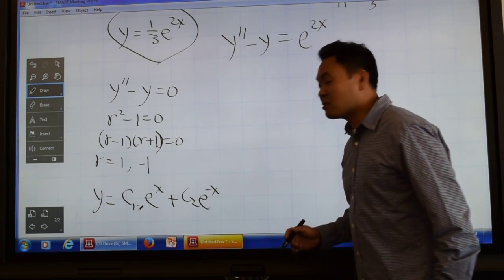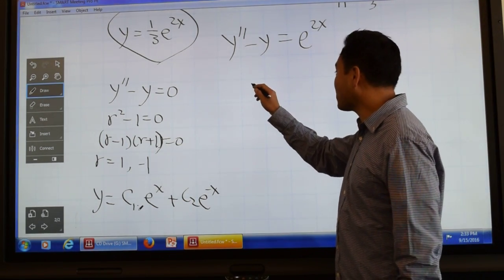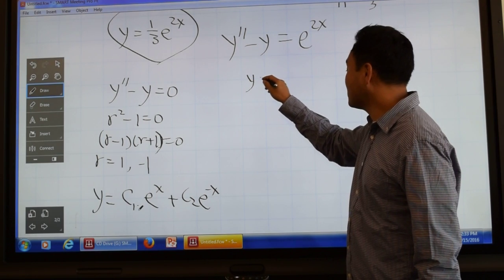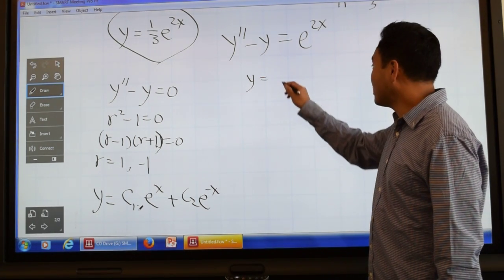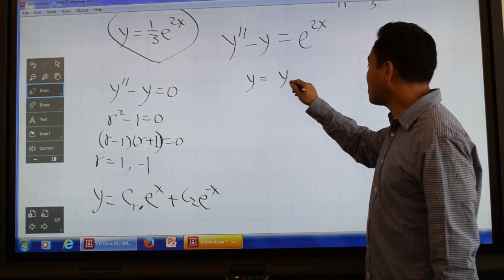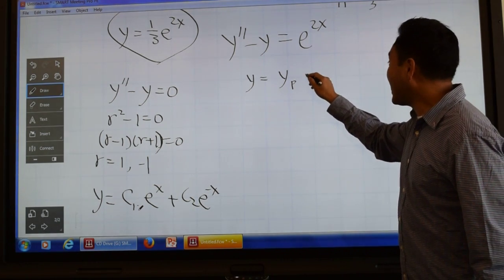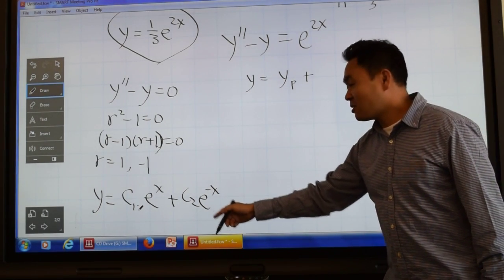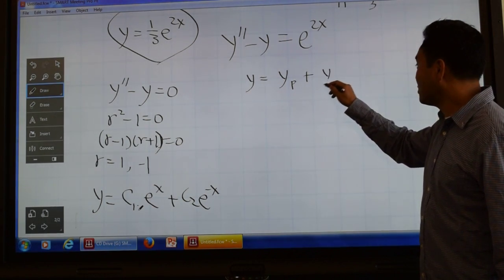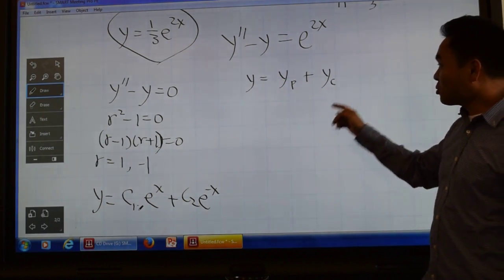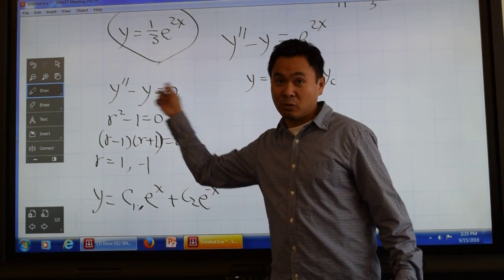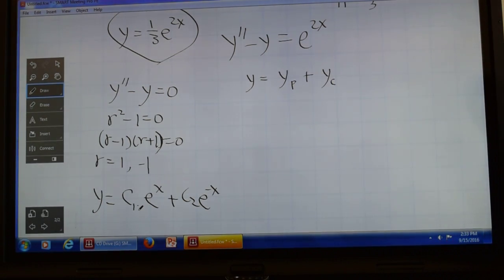So here's the idea. The wonderful idea is to take y as the particular solution that we found, this one solution, and add to it this complementary solution, which is the solution of the homogeneous differential equation. Now, why would that work?